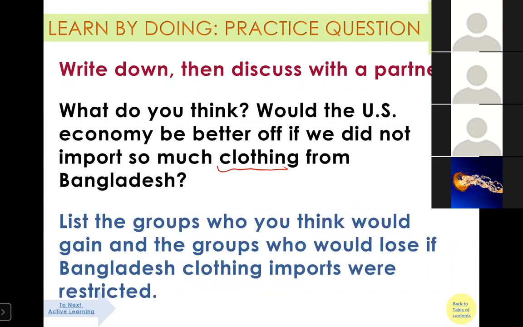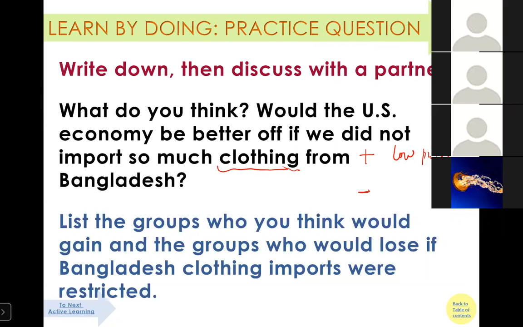But now we must realize everything has a trade-off. If we import clothing from Bangladesh, then we are going to face a trade-off. What is the trade-off? First, let's look at the plus and the negative. So plus, we are going to benefit by lower price. Why? Because Bangladesh is good at producing clothing. They have a cheaper price, right?